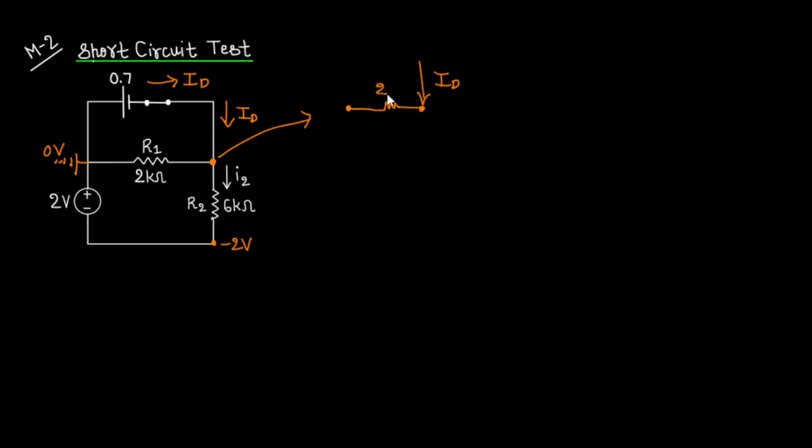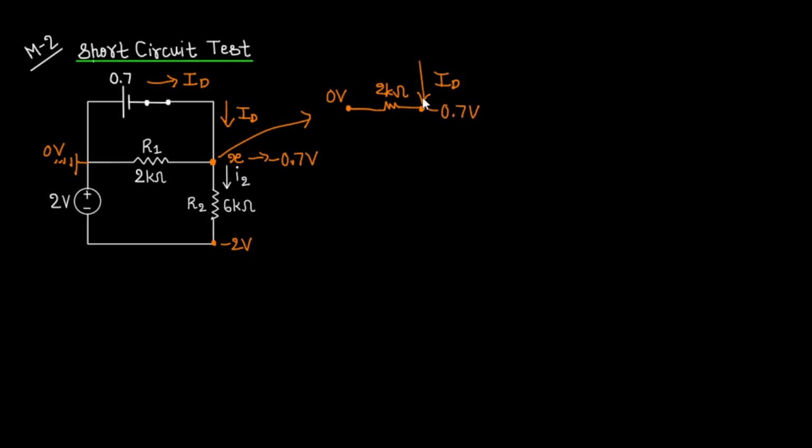So this is the 2 kilo ohm resistor. This point is 0 volts. Let this point be X. And as this is the ground and this is the 0.7 volt source, this X is 0.7 volts. To be accurate, it is minus 0.7 volts. So the voltage at this point is minus 0.7 volts.